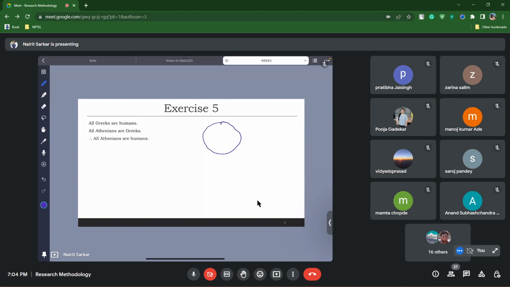Three circles: first one is human, then Athenians, and the upper one is, let us write, Greek. So first is all Greeks are humans. So there is no Greek who is not human. So the only Greek section will be empty.